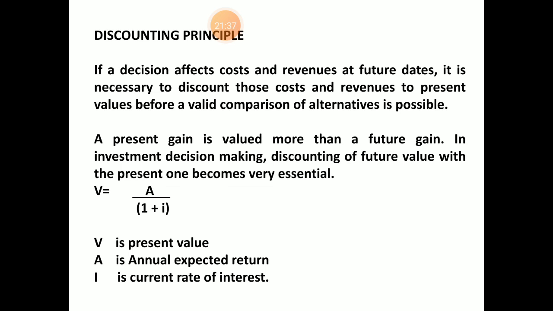The following is the formula that is generally used in order to understand the discounting principle: V is equal to A divided by 1 plus I. Here, V is the present value, that is the present value of the investment. A is the annual expected return, and I is the current rate of interest.